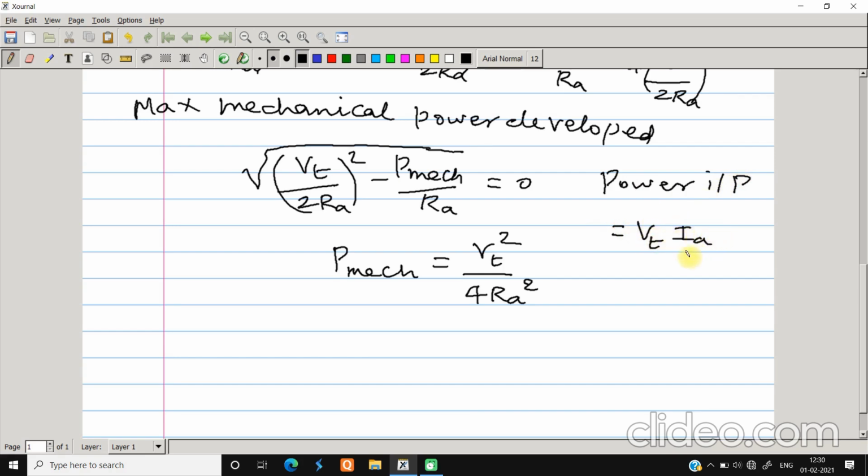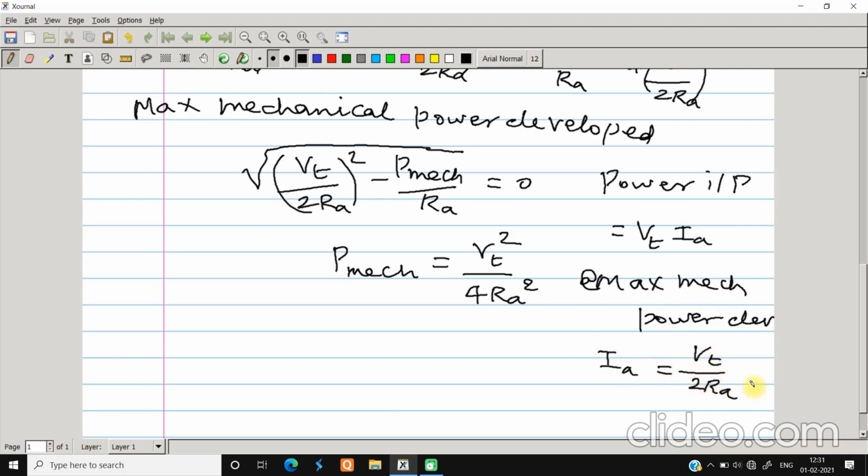But we know that at the maximum mechanical power developed, Ia will be equivalent to Vt by 2Ra.